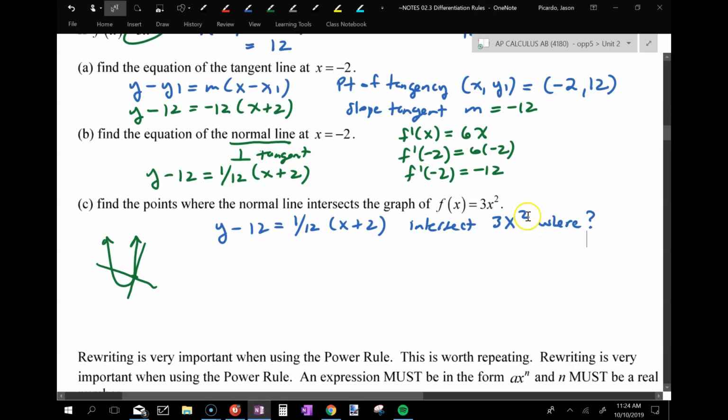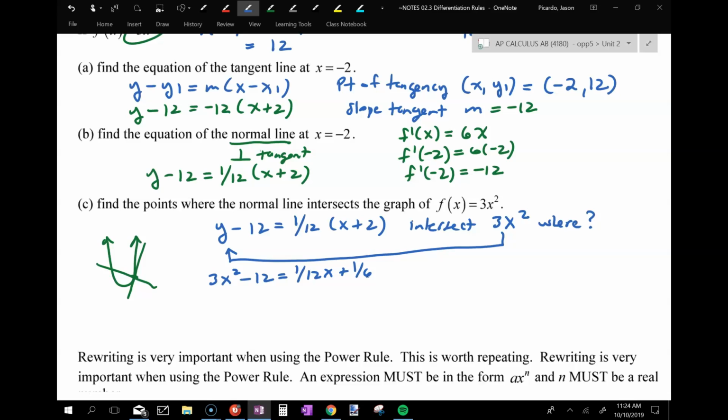Well, guys, 3x squared is a value of f of x, and f of x is the same as y. So I'm just going to take this and substitute it in. Distribute the 1/12. I get that. A 12th of x plus 2/12 is 1/6, right?